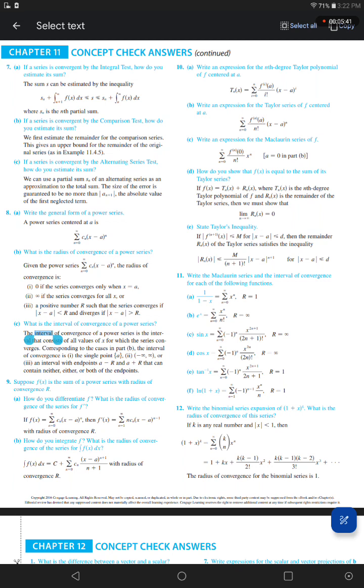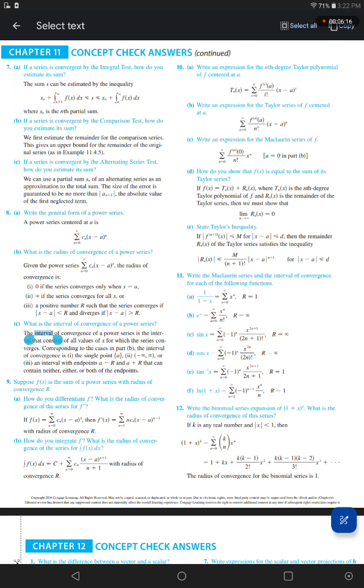T sub n of x equals the sum from i equals 0 to n of the ith derivative of f of a over i factorial times (x minus a) to the power i.